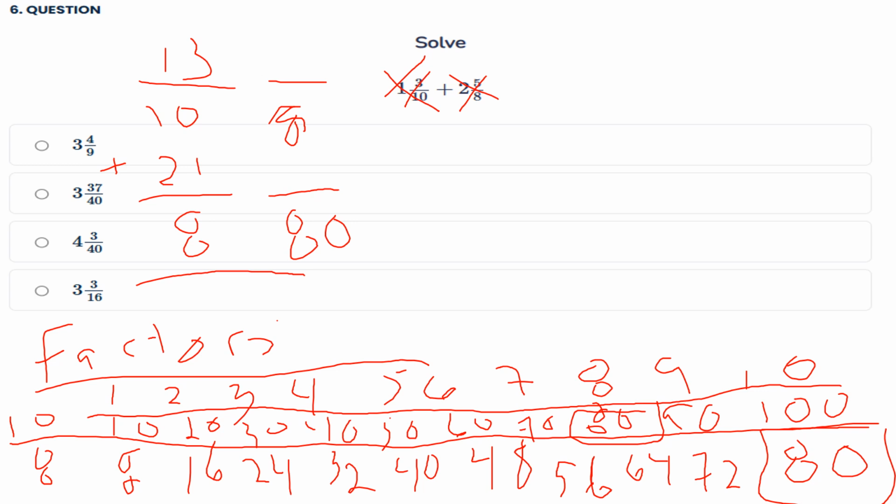My pen is not working well. So do 80 here. And we know that 10 goes into 80 8 times. So then we multiply 8 times the 13.